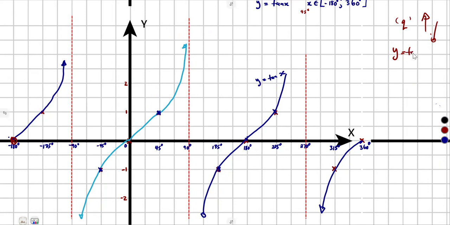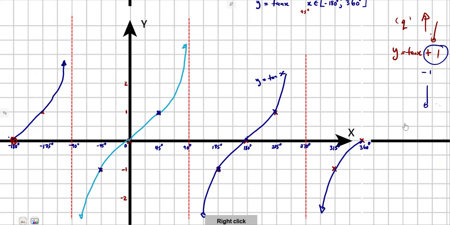Y is equal to tan of x plus 1. What does it mean? We are shifting our graph 1 unit up. If it is minus 1, 1 unit going down vertically.